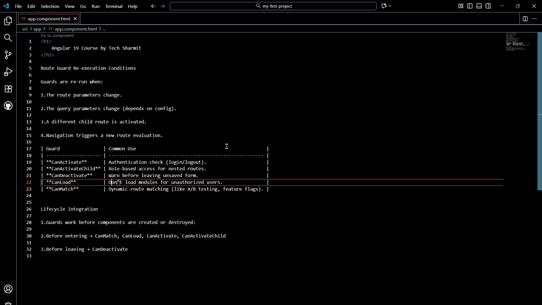So let's conclude with the lifecycle integration. The first thing is that route guards work before components are created or destroyed. Second thing is before entering.